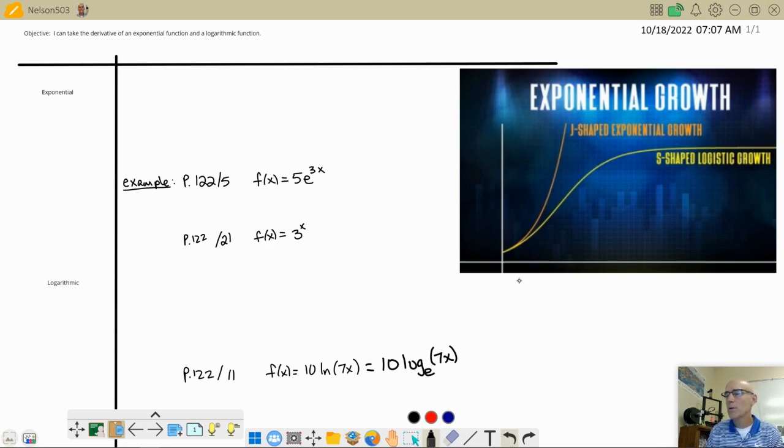Exponential functions. I was looking for a nice looking graphic on Google about making money, and how people say invest early in life because it'll grow exponentially. By the time you're older, it's going to be doing this kind of stuff. I don't know if that is necessarily true forever. It always seems kind of unrealistic to me that it would just keep growing exponentially.